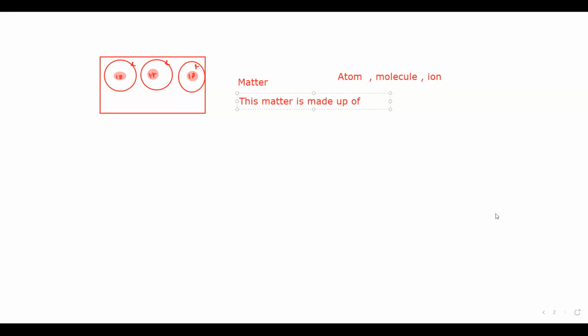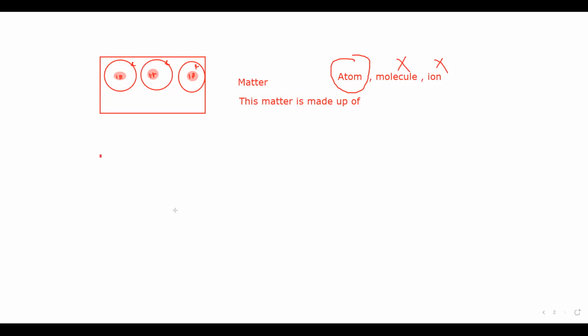Which one do you think the particles will move faster? Lighter or heavy particles? The lighter particles, because they have less mass, so they can move easily. So lighter particles move faster as compared to heavy particles.